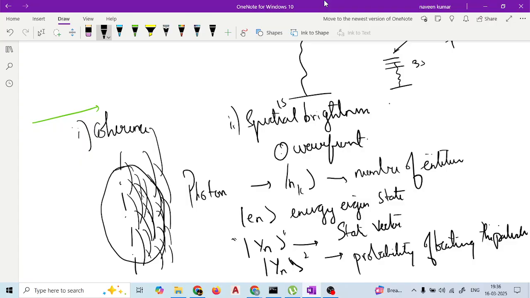We have also, in parallel, talked about energy eigenstates or in general some other states. We can think of that as psi, which is a state vector describing the quantum mechanical system that we are trying to investigate. It represents the probability amplitude, and we can think of the probability amplitude varying in space and time also.